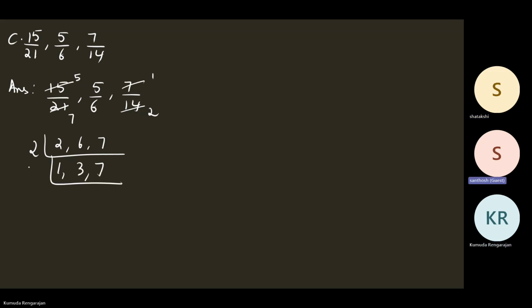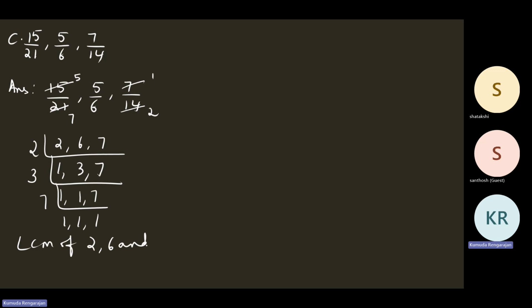Next, 3, then 1, and 7. Then 7 will come, and that's all. So the LCM of the denominators 2, 6, and 7 is equal to 2 into 3 into 7. 2 3s are 6, 6 7s are 42, which is the LCM of the denominators.